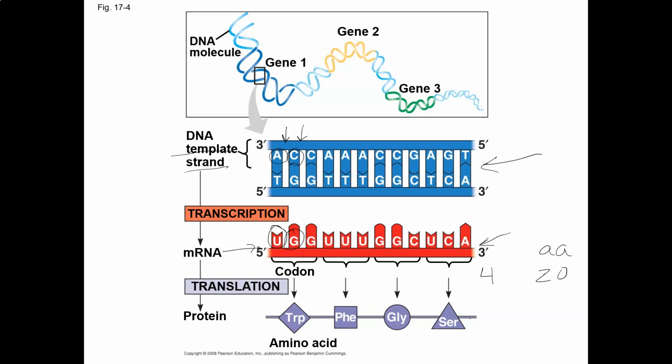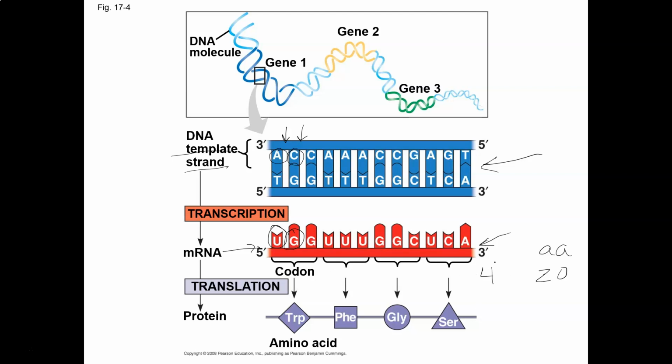DNA and RNA are information-containing molecules, and they guide the cell in making proteins. They tell it, take this amino acid and then add the second amino acid to it, and then the third amino acid would be, and it specifies which of the 20. Alright, so we're looking at how that works next.